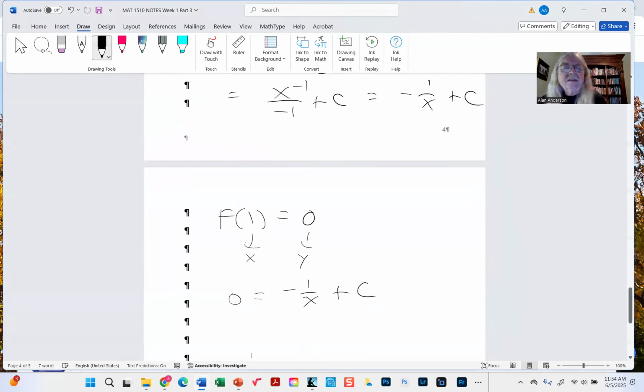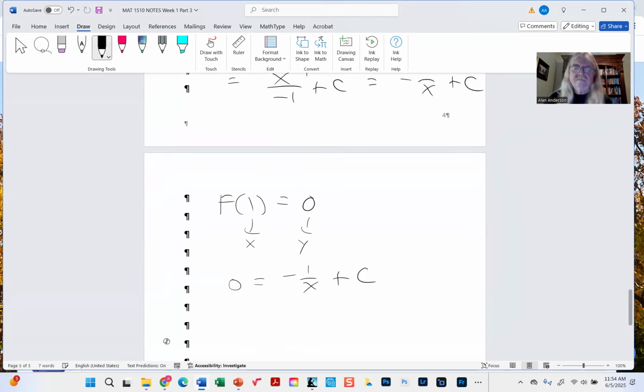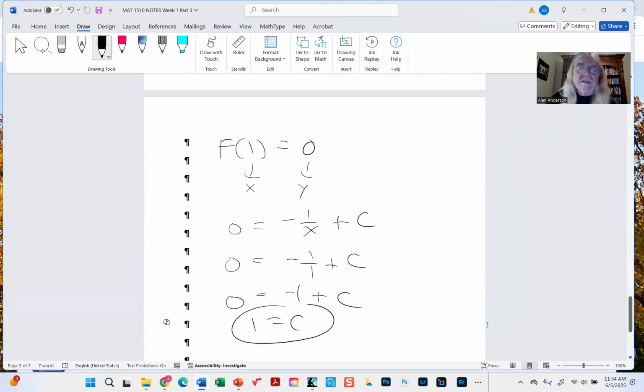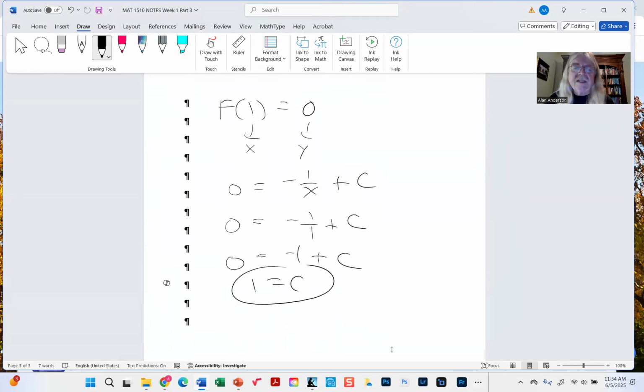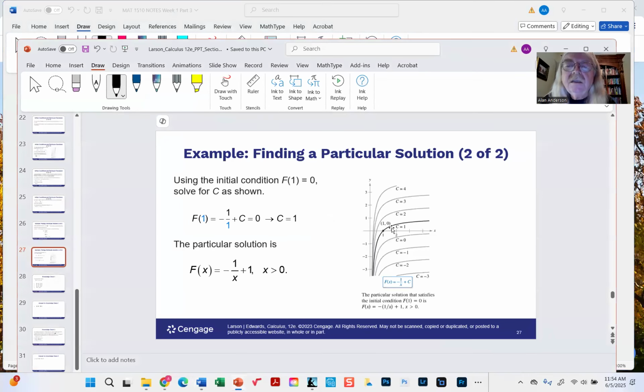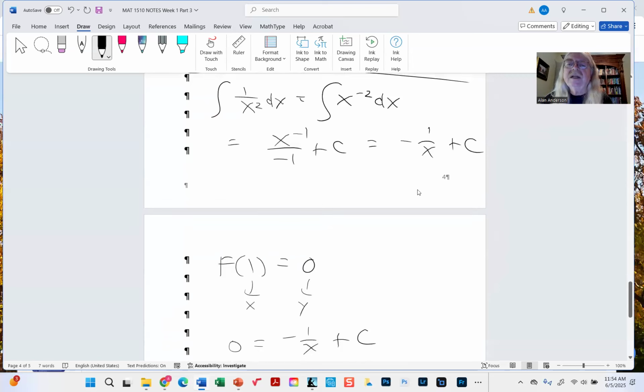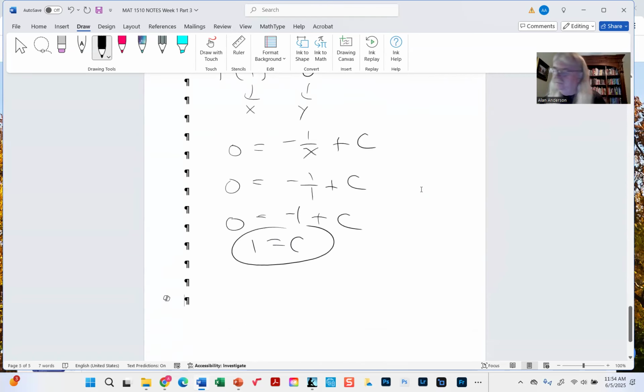So I'm going to replace the x with a 1. So that means we're being told that the specific constant for this case is 1, because we know that this point is part of the solution. So that means that this integral can be rewritten as minus 1 over x plus 1.